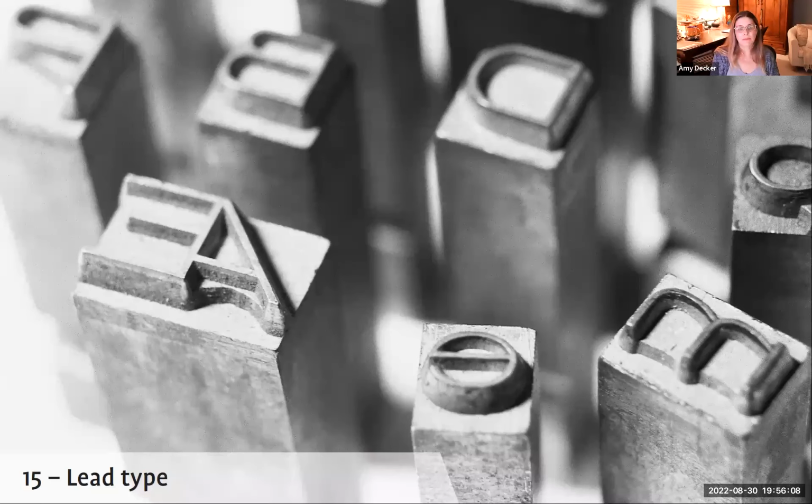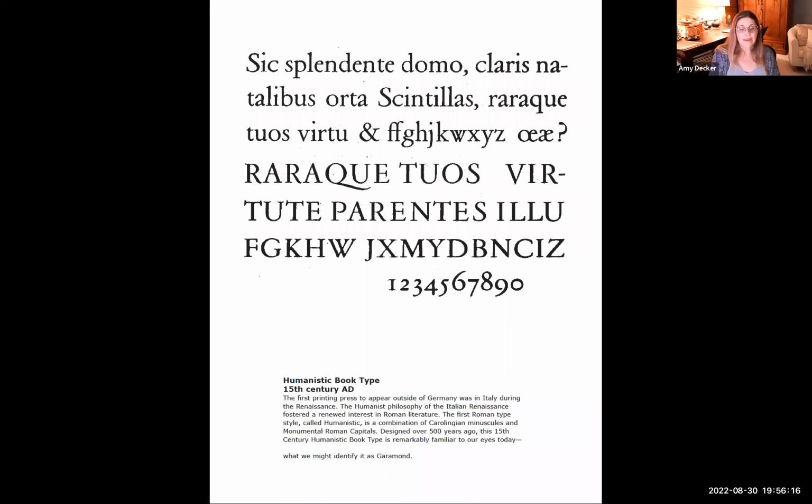And this is a close-up of what metal movable type looks like. So then, as we have the first printing press appear in Germany, the second one we see happens in Italy. And the humanistic book type was the second typeface.